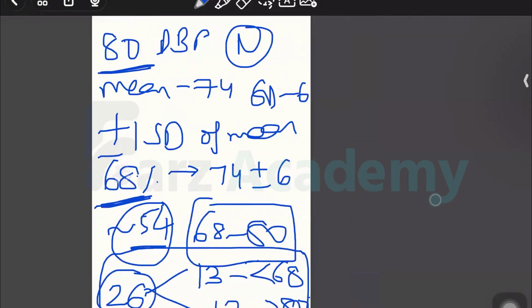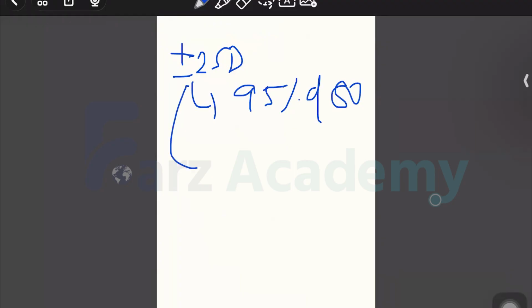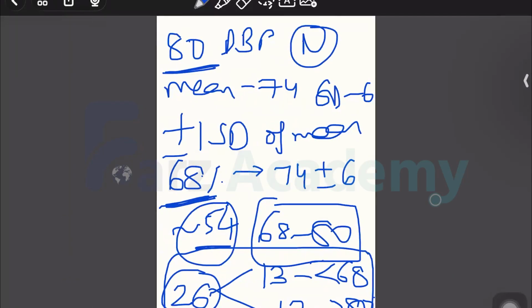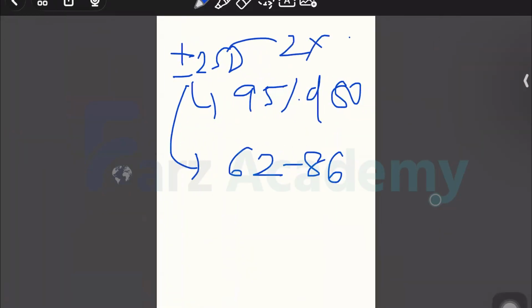Suppose I work for plus minus 2 standard deviations, can somebody tell me now? It will cover 95% of these 80 subjects. Plus minus 2 standard deviations of the mean, that means what? It would be 62 to 86. That means 74 plus minus 2 into 6. 2 standard deviations means 2 into 6, right? And mean is 74.